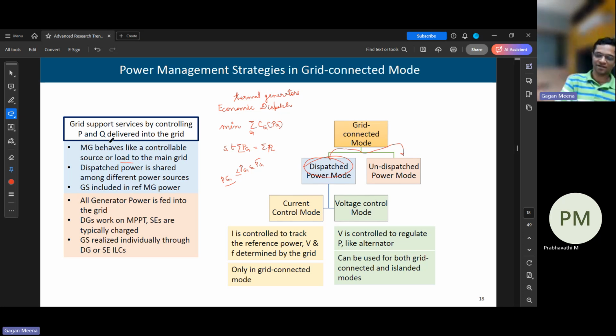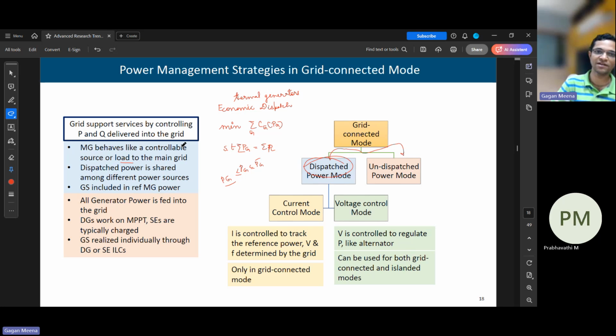Now if it is having excess generation during daytime when solar is at its peak, the microgrid will act as a source of power, and it will inject P and Q into the main grid, and it can help improve the voltage profile of the main grid. Or even restore the frequency to its nominal value if it was less before.